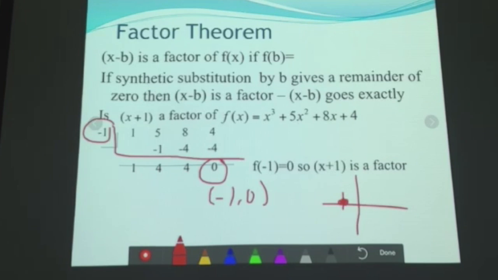Do you remember? It has a name for it. When it's right on the x-axis, that's called a solution. So if we end up with a 0 remainder, this is a solution of your graph. It's an intercept. So that's the difference between the two.